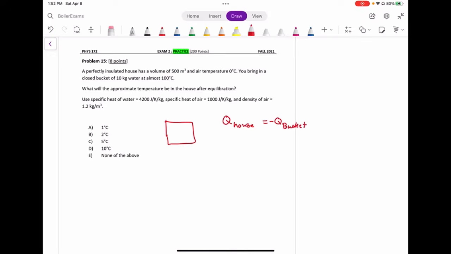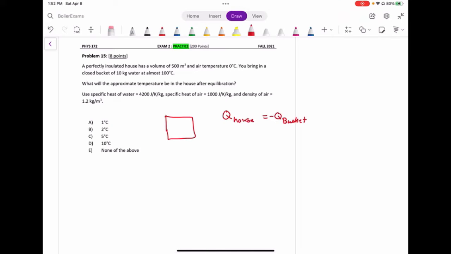So MC delta T of house equals MC delta T of the bucket, or water.